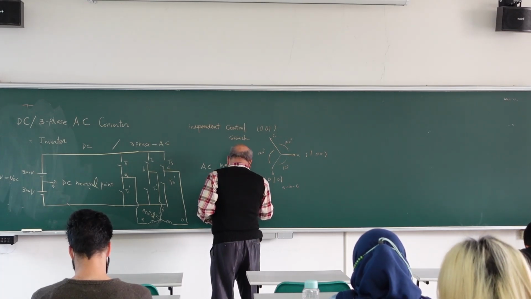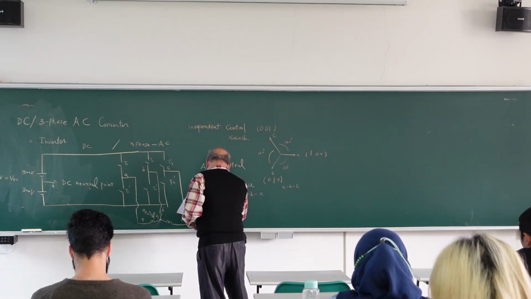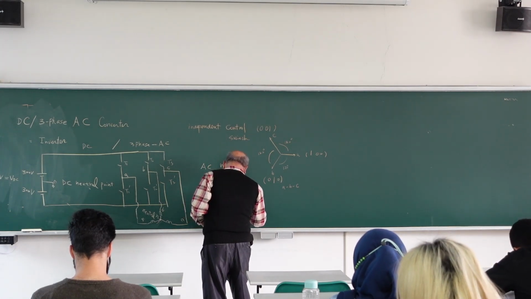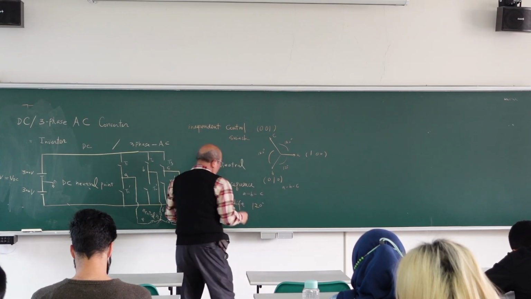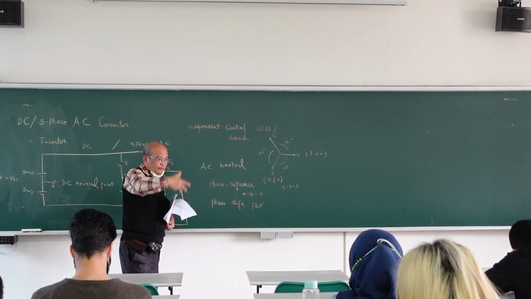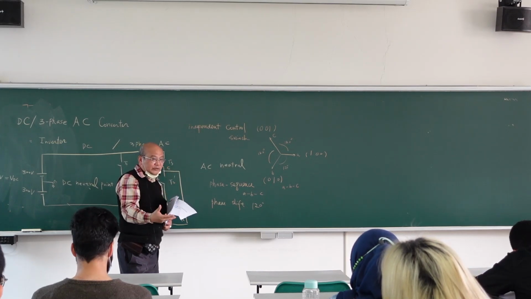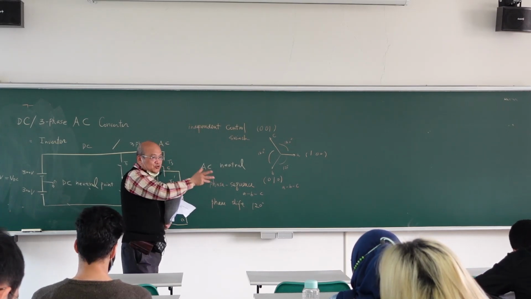This is A, B, C, and the phase shift angle is 120 degrees. We have 2 rules. One is phase sequence, another is phase shift. You cannot randomly control.